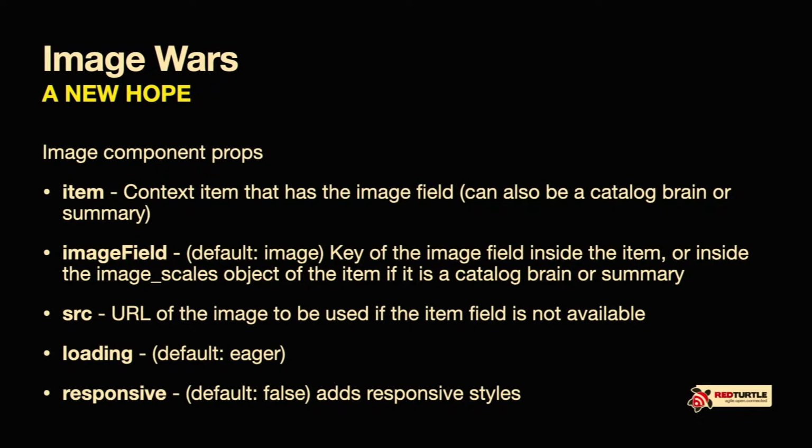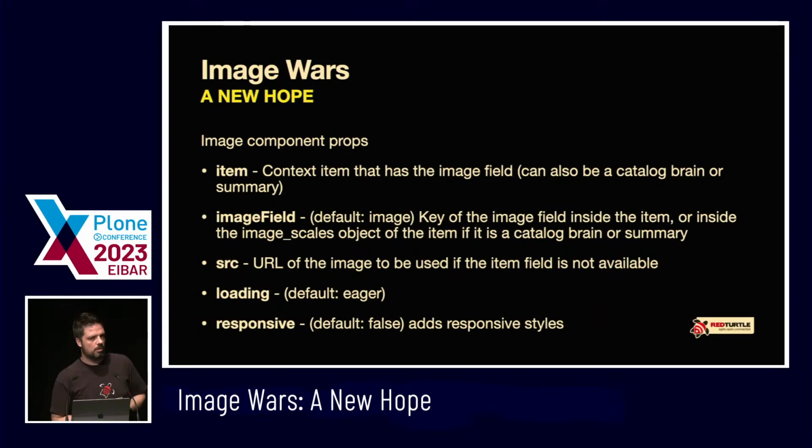The image component has to know where to look for the image, and which one of the several image fields in your item you want to render in this specific situation. So it defaults to image because it's the commonly used name, but you can specify a different one.